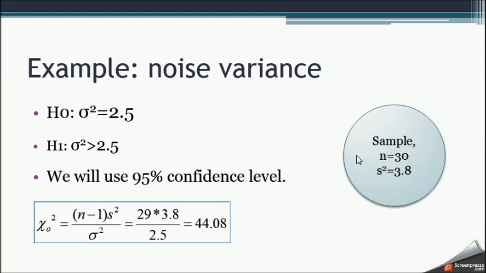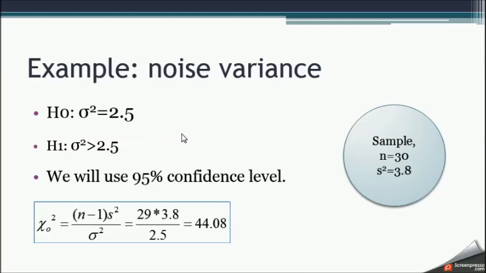Here our population is the signal transmitted in the communication channel, and we have taken a sample of 30 points or 30 readings. Also, we have computed the sample variance using the same equations as we have seen before. We have computed the sample variance to be 3.5.